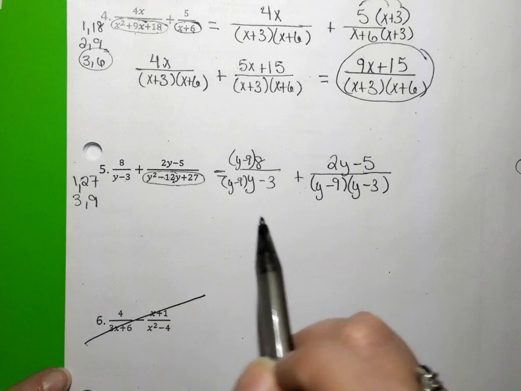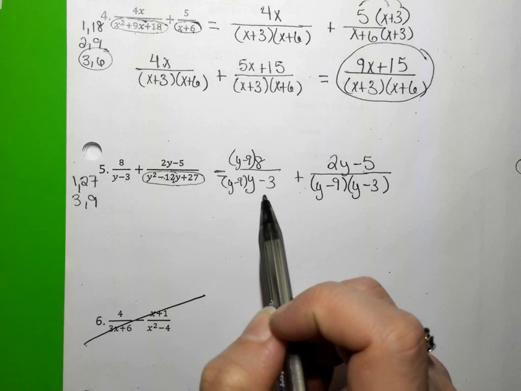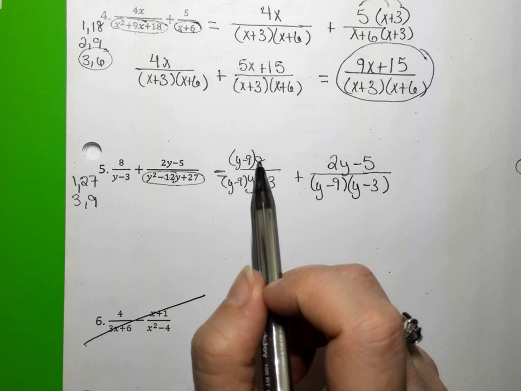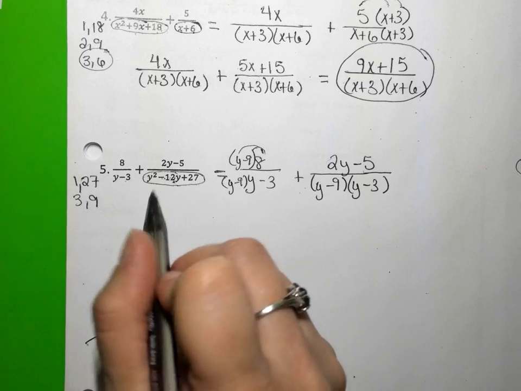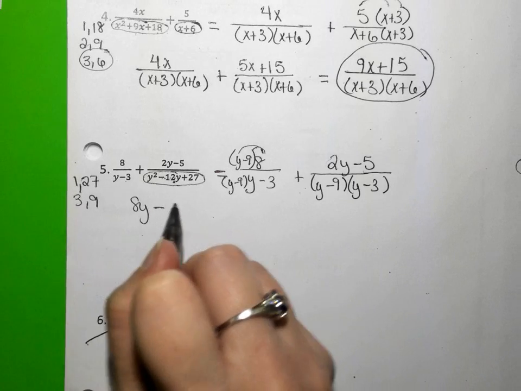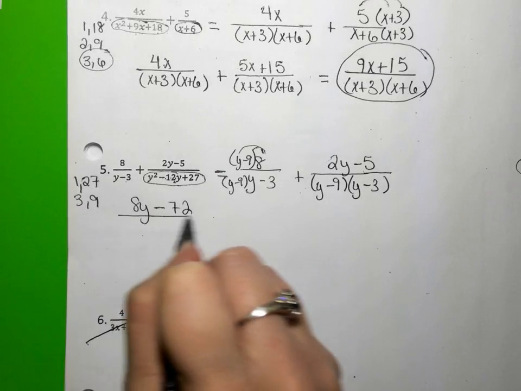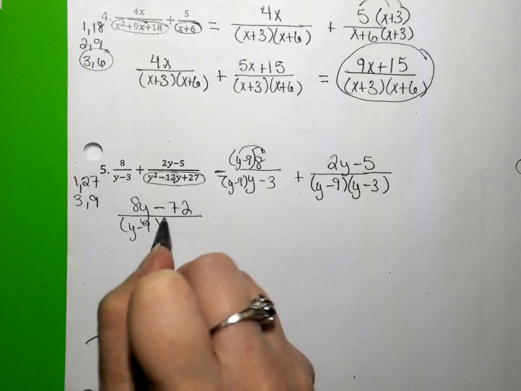Okay, so now what can I do? Distribute the 8. So it'd be 8y minus 72 over y minus 9, y minus 3.